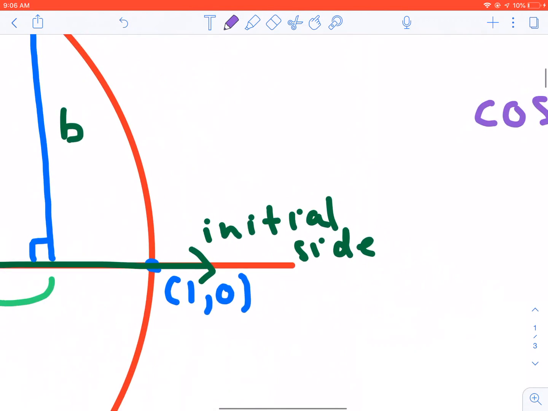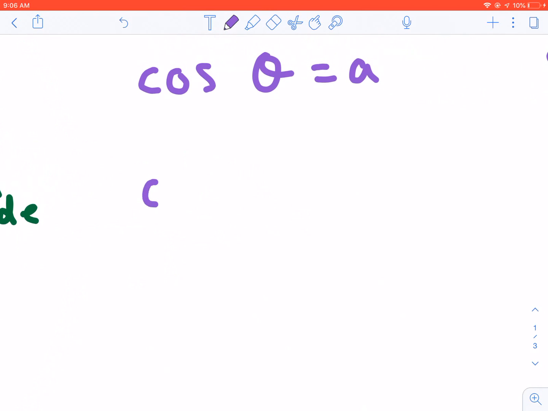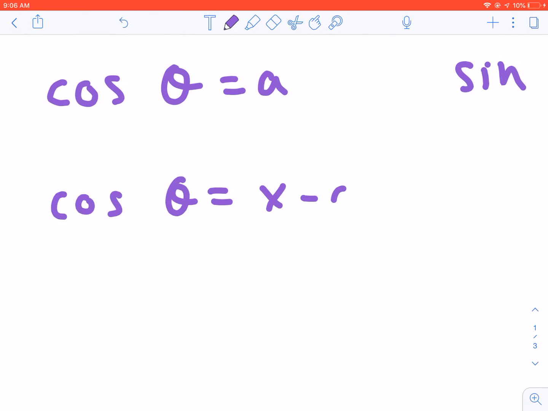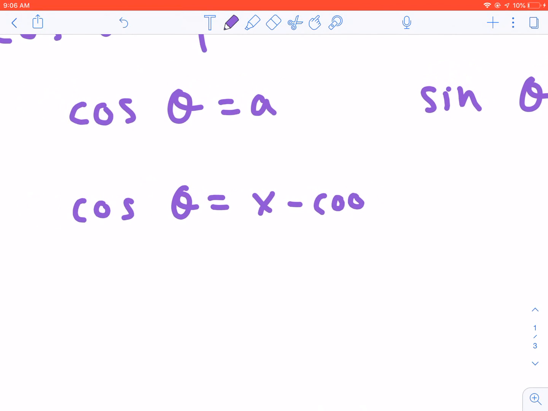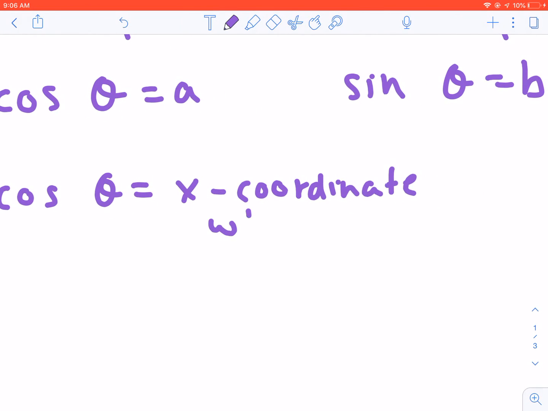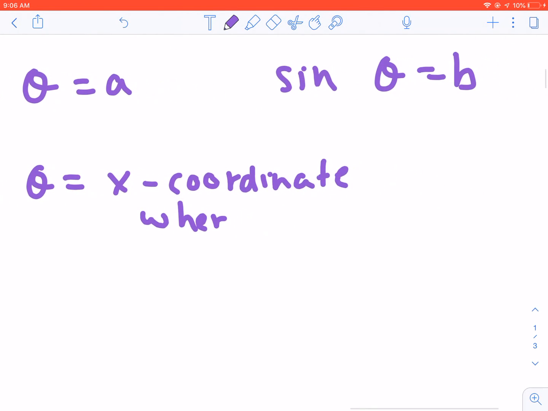So in general, we can say that cosine theta is equal to the x-coordinate where the terminal side of our angle intersects the unit circle.